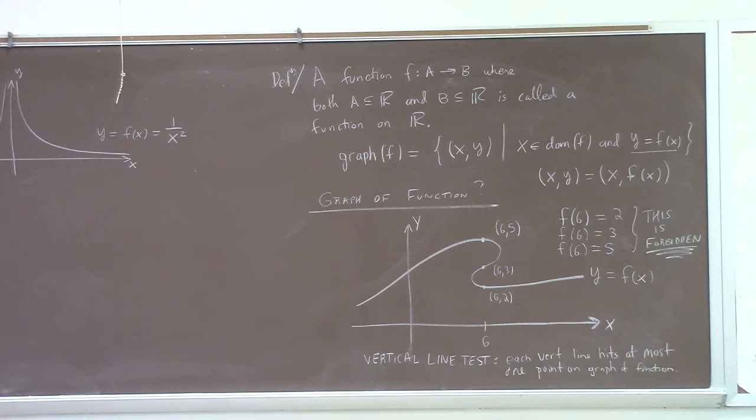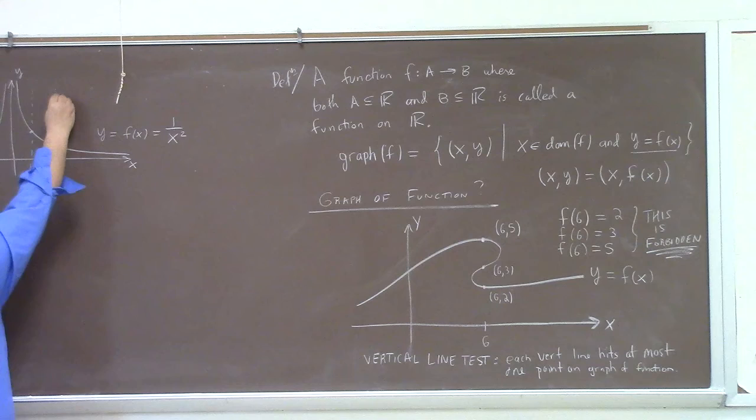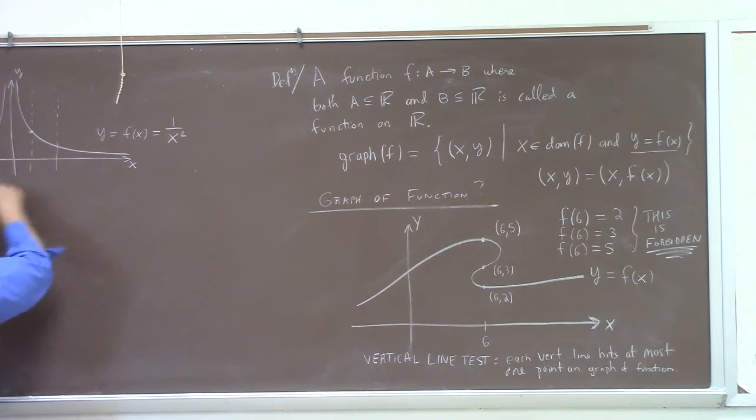So this one, does this pass the vertical line test, right? You think about it, right? Any place I can draw a vertical line, I'm just hitting what? 1 point, that's right. So that means that, yes, this will pass the vertical line test.